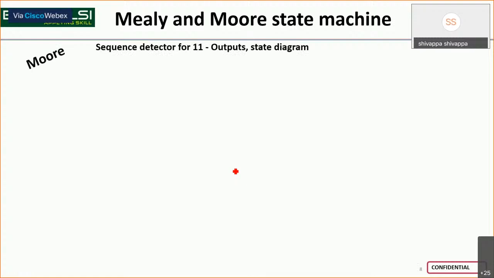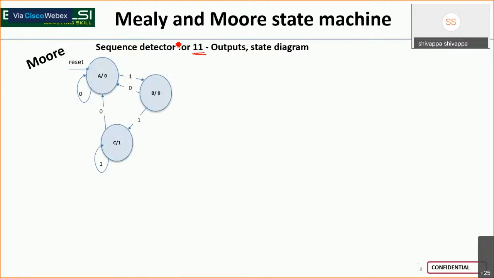Now, how do we write the state diagram for this Mealy and Moore state machine? A simple example: you have to detect a sequence of 1, 1. This is a Moore state machine.